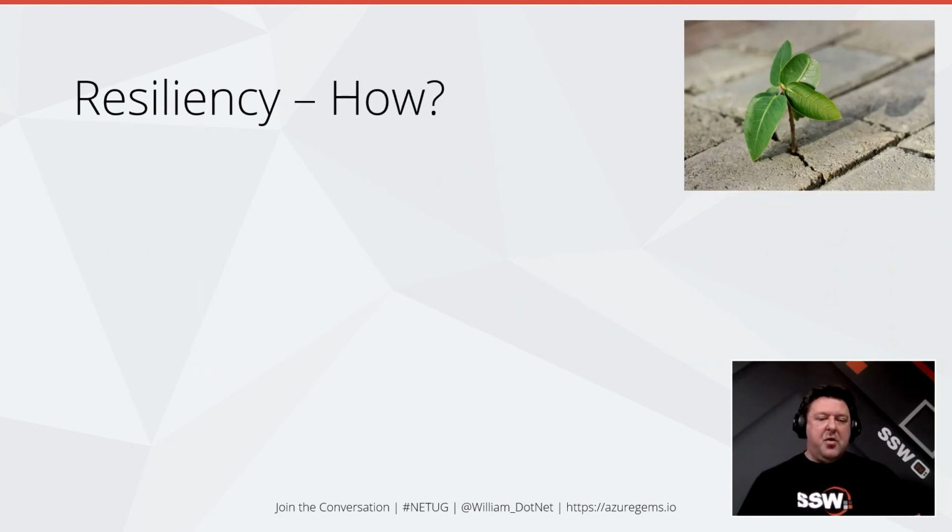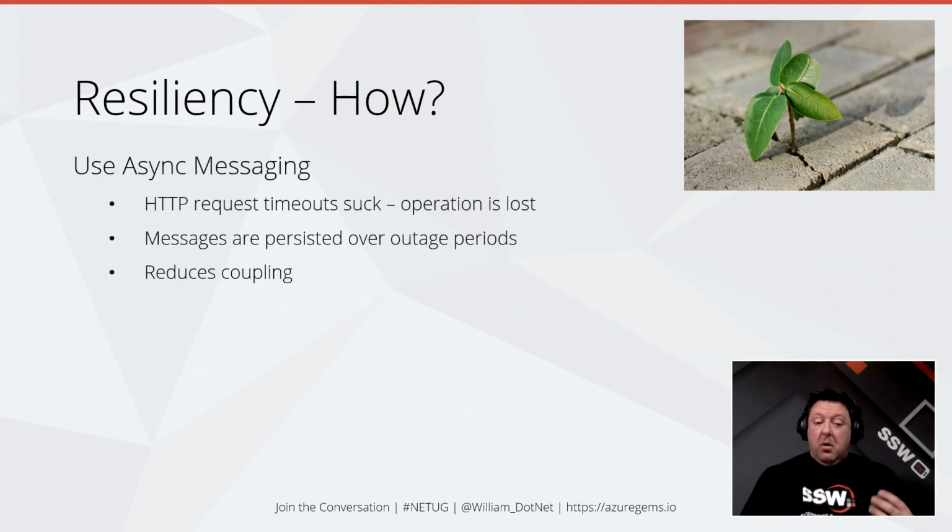So how are we going to solve this? How are we going to add resiliency into our application? One way is to use asynchronous messaging, because HTTP requests can time out, and that sucks. You can't recover from that operation. It's essentially just lost. So like I said, click the buy button. If that request doesn't make it to your back end, it's lost.